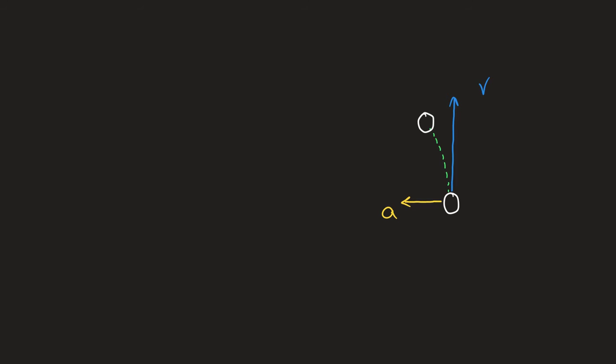But if we want the object to continuously turn, well, then we're going to want our new velocity to continue to change direction. To do so, that means my acceleration has to also change direction to match. I mean, if I want the object to travel in a circle, so maybe I'm going up and now I want to be going to the left, or I'm traveling north on Sheldon, but I'd like to be traveling east on Citrus Park Boulevard.